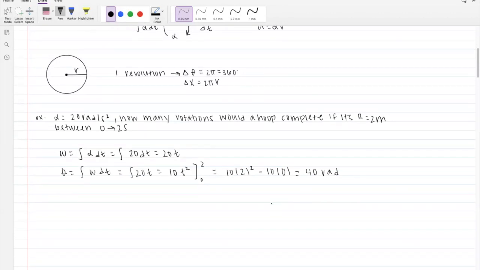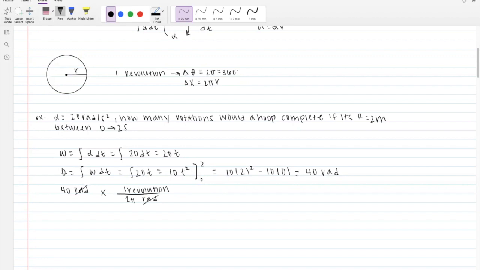So what does that tell us? Well, again, we want to know how many revolutions, which is either represented in angular position or in distance. Because we have radians, let's go ahead and just stick to this equation here. So we have 40 radians, and we have 2 pi, which the units is in radians, and 1 revolution.